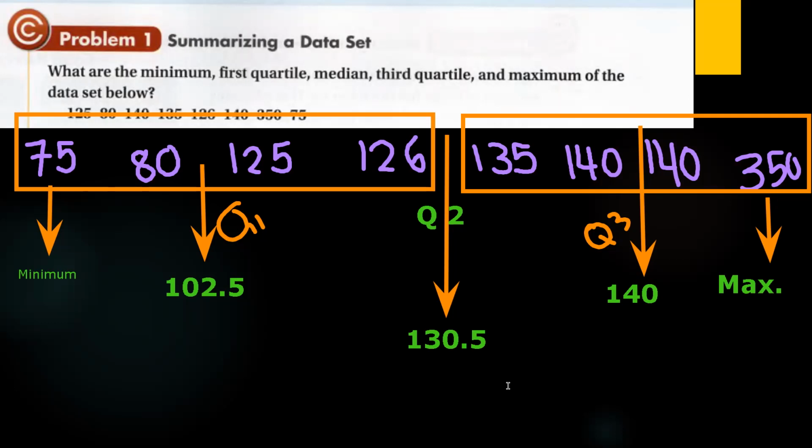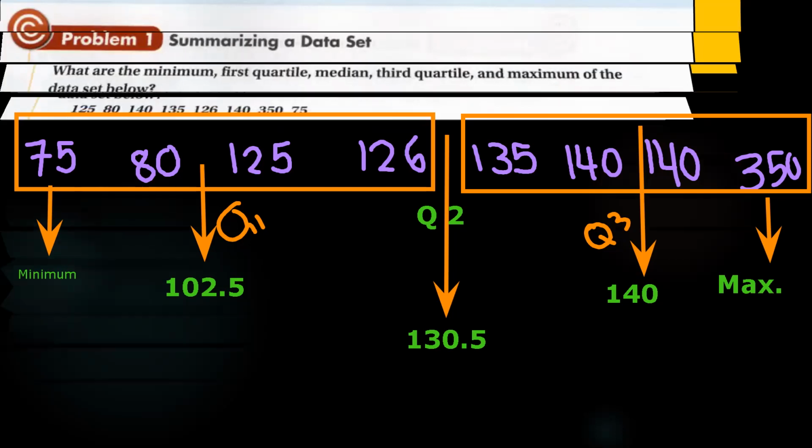Now, is it clear how to find Q2, Q1, Q3, maximum and minimum? Yes, miss. Remember, this is the case if we have an even number of data.